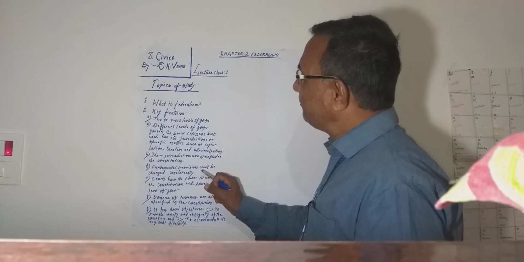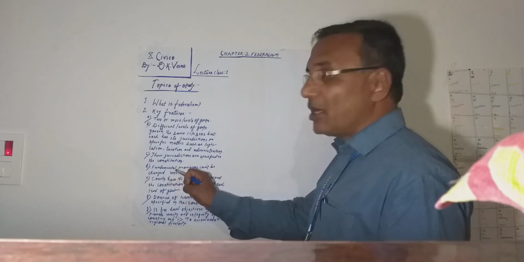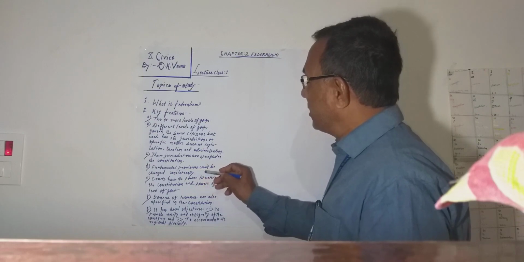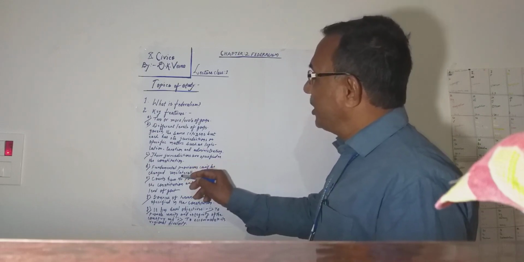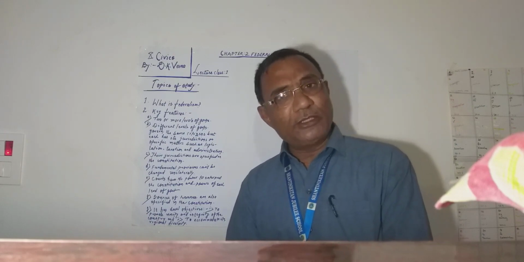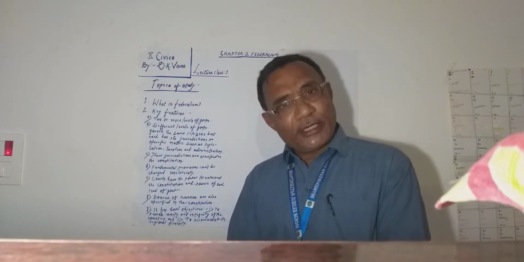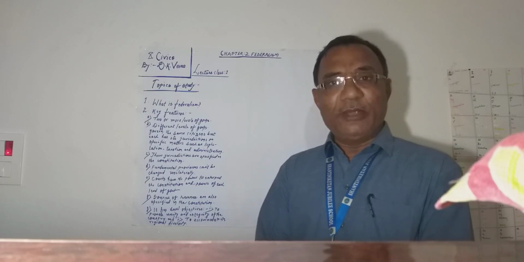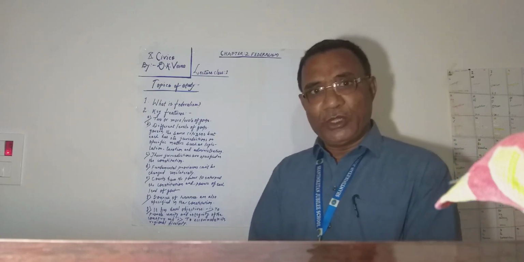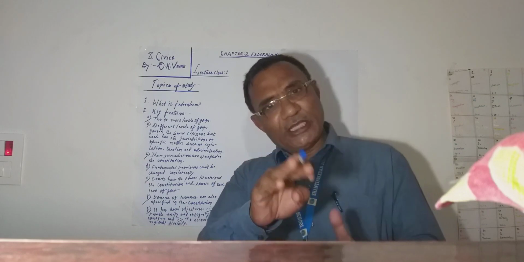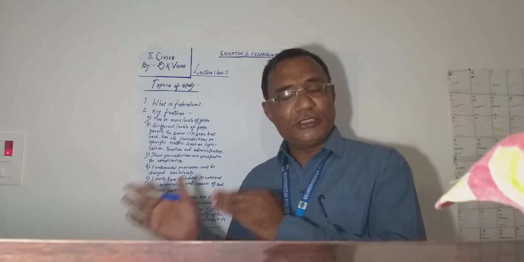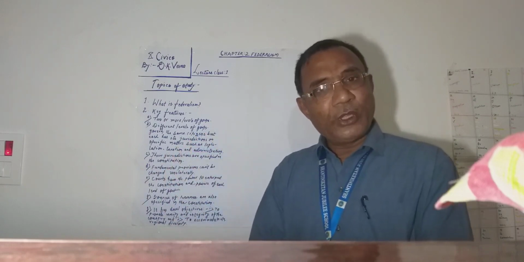And after this, another key feature comes forward, and that is fundamental provisions can't be changed unilaterally. What do fundamental provisions of the Constitution mean? That India is a federal nation; if it is to be transferred into a unitary system, this is a fundamental subject.